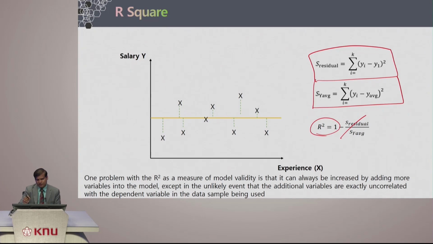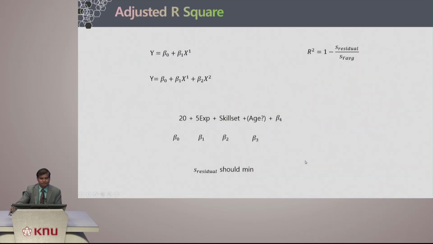This evaluation metric helps us compare our current model with a constant baseline model. And what is it telling? It tells us how much better our model is. That's the basic thought you have here. And as we have seen, there is some limitation with respect to adding more variables to it.